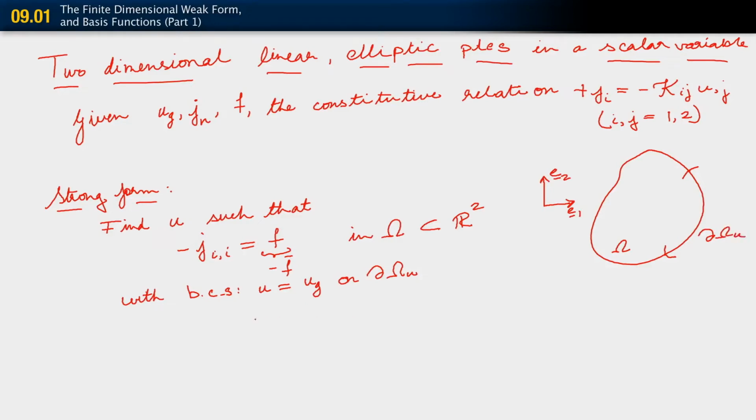Okay, and minus J, sorry, I'm doing this all with coordinate notation. So minus J_i n_i equals J sub n for the influx condition on the Neumann boundary.